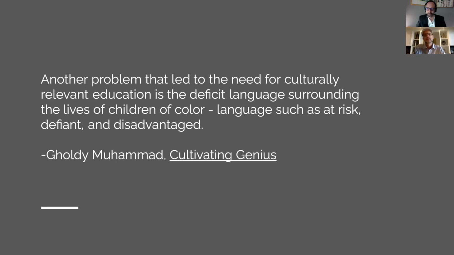So the idea of deficits can cause a lot of spiking or harm or hostility for our students because we perceive them in a certain way. Language carries a lot of power. So Goldie Muhammad in her book really encouraged us to think about how we use that language, how we talk about our students, and what if we thought of them as having genius, as having ability, as having things they bring rather than things they don't bring.